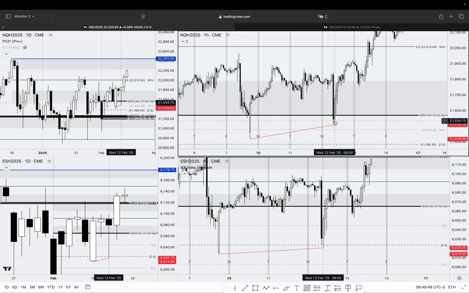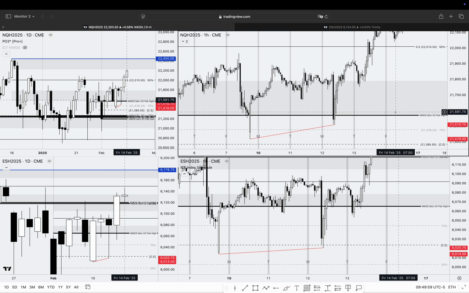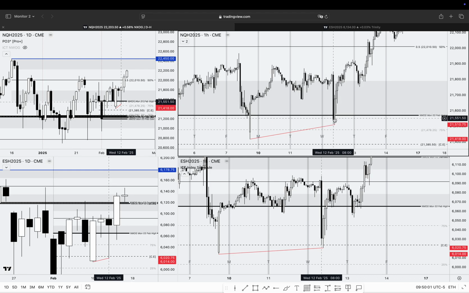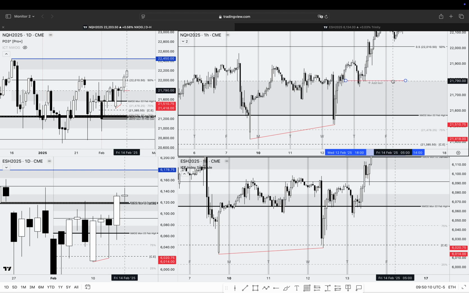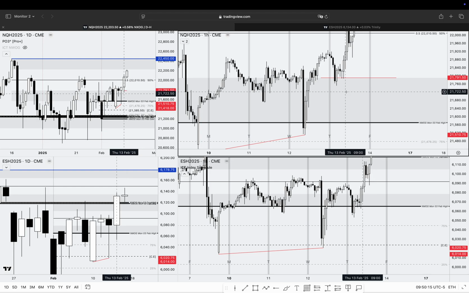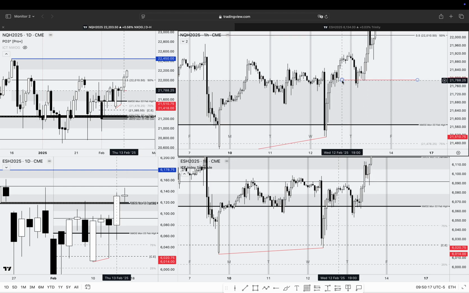You see, you have a swing formation here on the hourly chart inside of an area of fair valuation, that is the 50% on ES, and the opening on Nasdaq. Then the next draw is this level. And the other video that I told you is you look for any PD array that is aligned in close proximity to this quadrant.